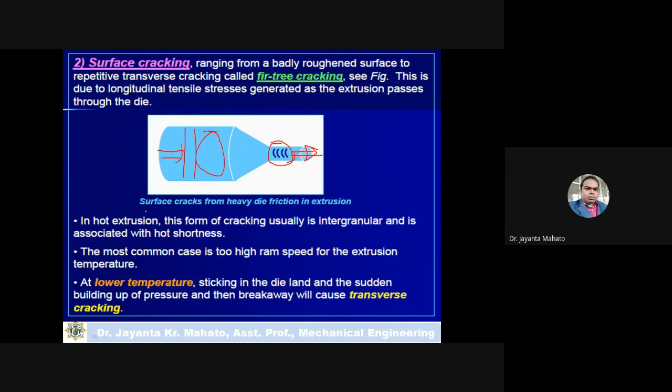Okay. In hot extrusion, this form of cracking is usually intergranular and is associated with hot shortness. The most common causes are a high ram speed for the extrusion temperature, or at lower temperature, sticking in the die and sudden building up of pressure and then breakaway, which will cause transverse cracking.